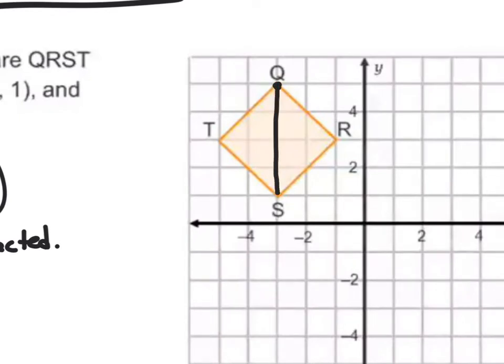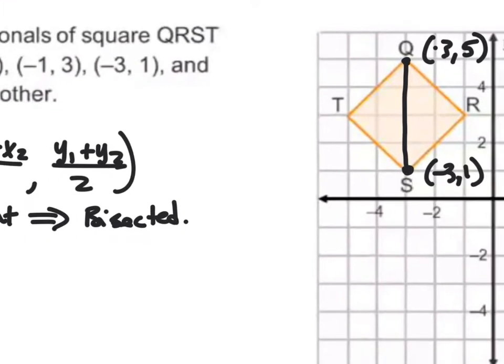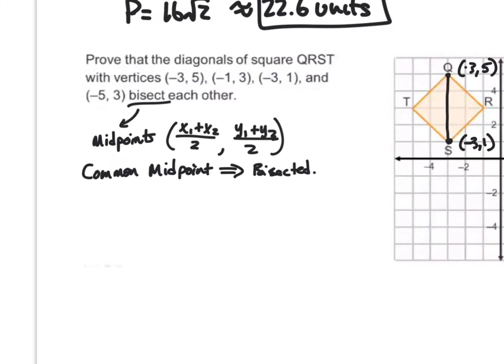So QS, and we'll actually use the points for this one: Q is negative 3, 5, and S is negative 3, 1. So let's find the midpoint of QS.